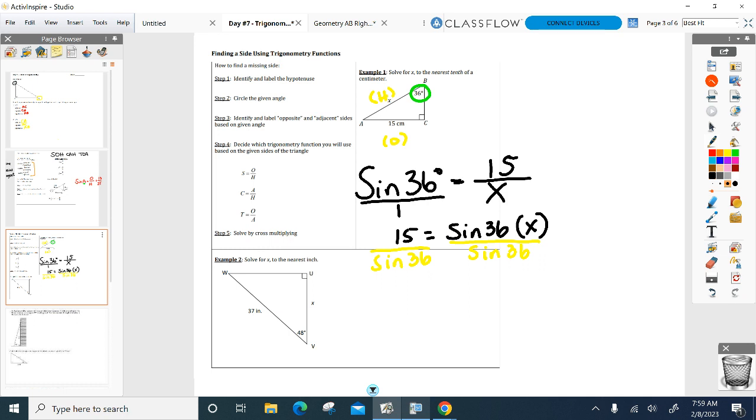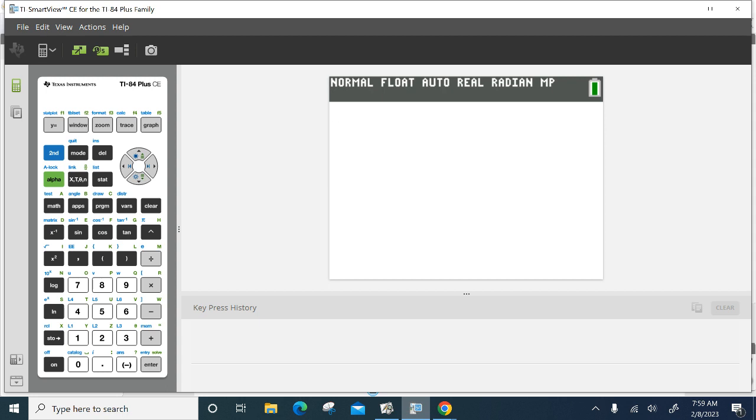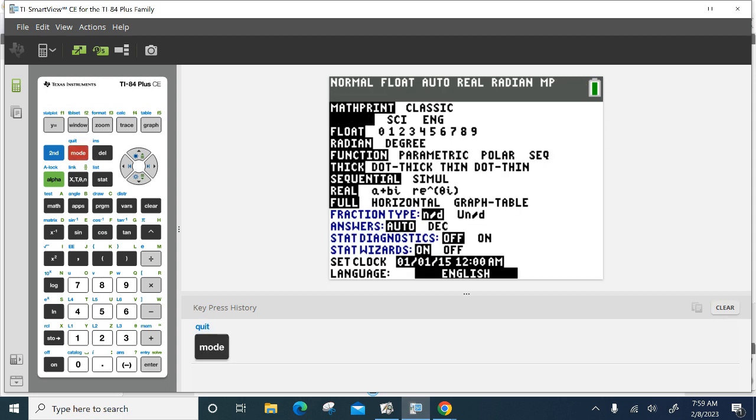Since we're going to type in degrees, we need to make sure it's in degree mode. So first thing, hit your mode button right up here, and see how mine's on radians. If yours is, move it over to degrees. So highlight degrees and hit enter. Make sure it's in degree mode because that's what we're going to be typing in, 36 degrees.